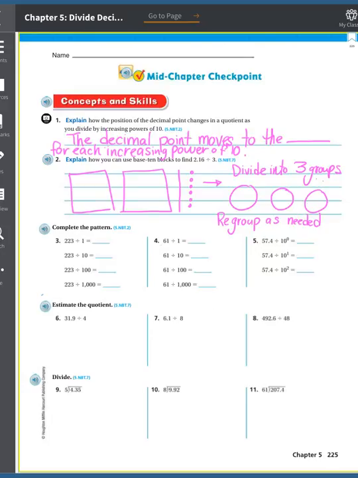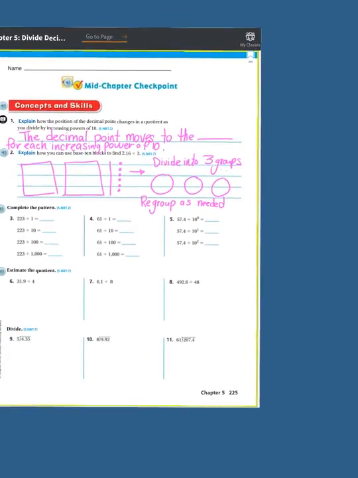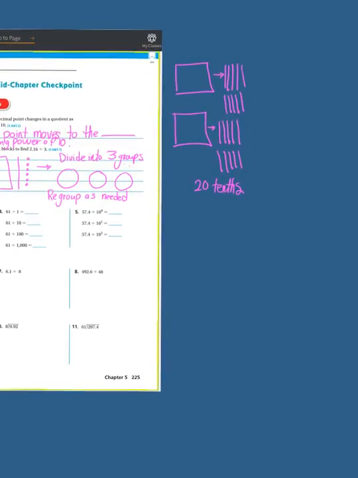So let's show that right now. Let me show that to you. If I have my base 10 blocks, I'm going to change these into 10 tenths. Now I have 20 tenths. Now I can divide those 20 tenths into those 3 groups.